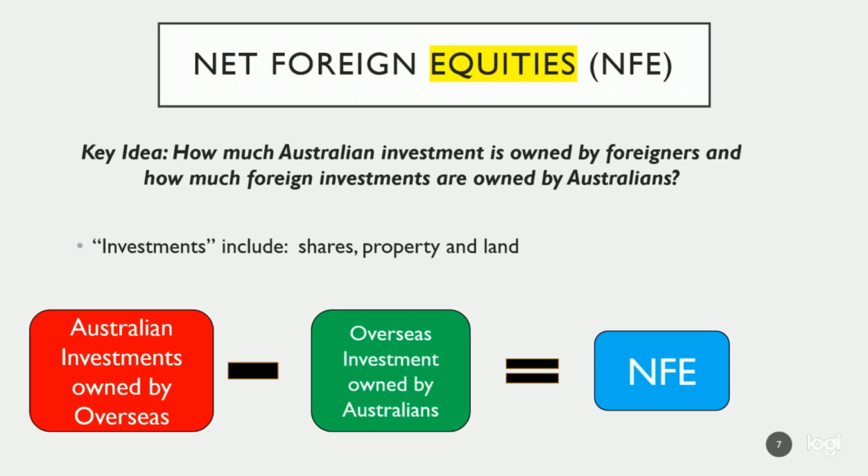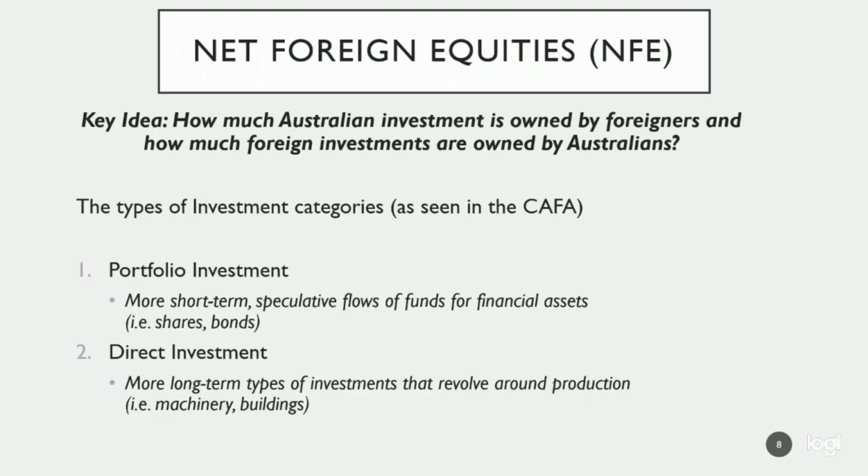Now the net foreign equities value is slightly different because if the total is a negative number, what it's saying is that Australians are actually investing more overseas than other countries are investing into Australia. And if the net foreign equities number is positive, what it means is that more foreigners are investing in Australia than Australians investing overseas. And so for net foreign equities, we're primarily looking at these two types of transactions, the portfolio investments and also the direct investments.